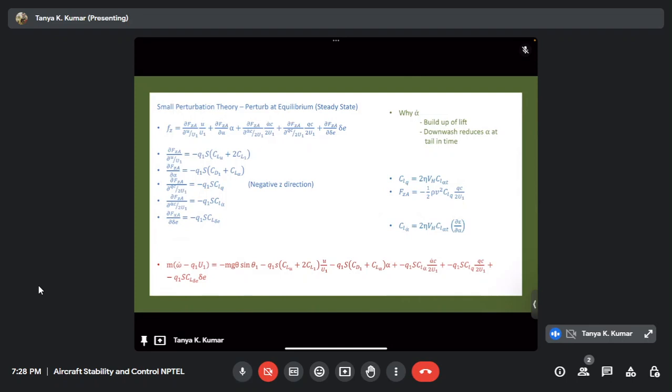Can you see any notation here, any term here that reminds you of downwash angle?